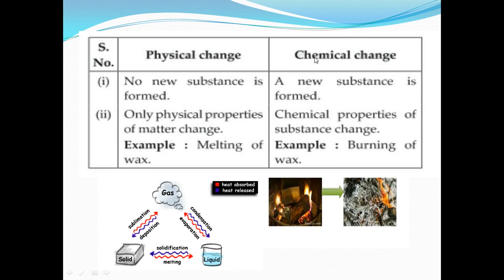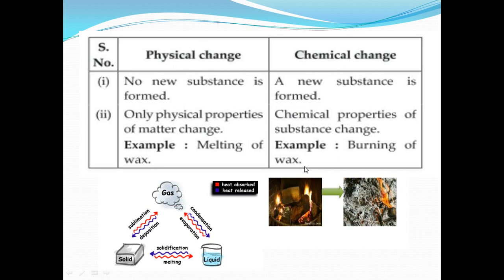What about chemical change? Chemical change must produce a new substance. Without a new substance, there is no chemical change. Okay, example, we said burning of wax. So melting of wax, this is physical change. But burning of wax, this is chemical change.